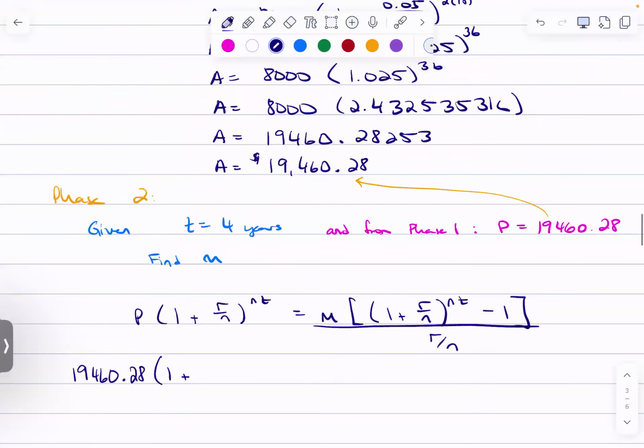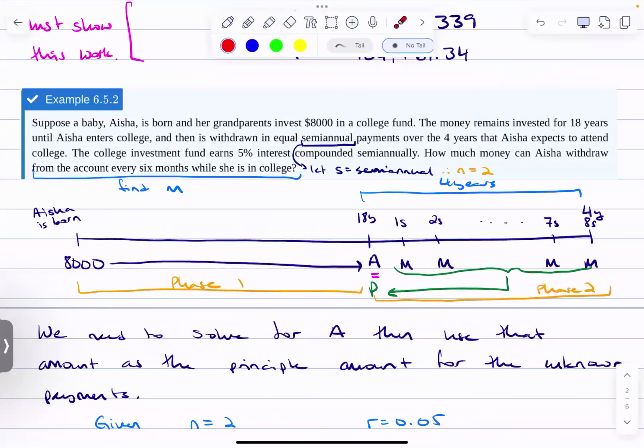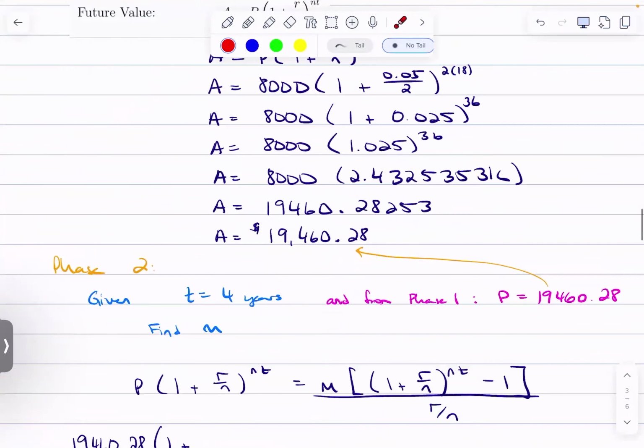1 plus, and I think we have the same interest rate, 5% for both of these phases. We will see a problem where they're different, so then you want to be really, really careful. But it's 5% still.